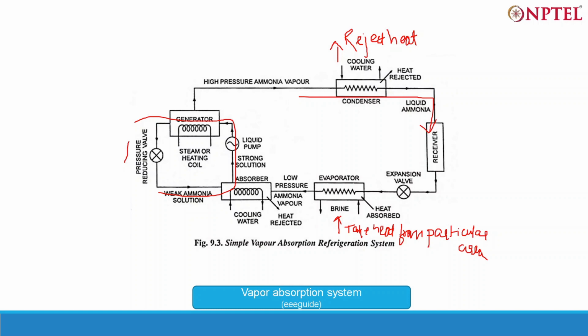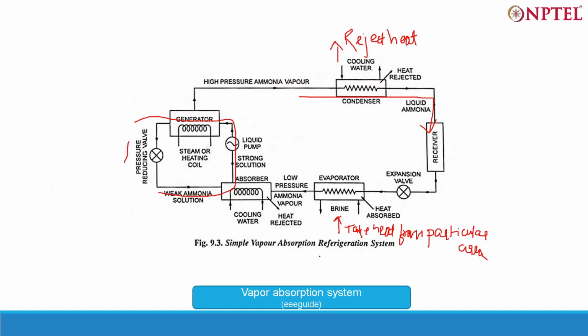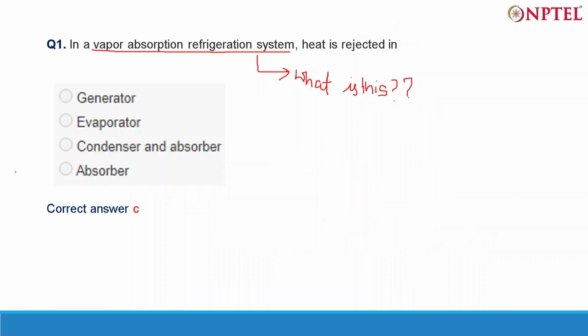So where do you see heat being rejected in the vapor absorption system? Here heat is getting rejected, and here also heat is getting rejected. The correct answer is condenser and absorber.